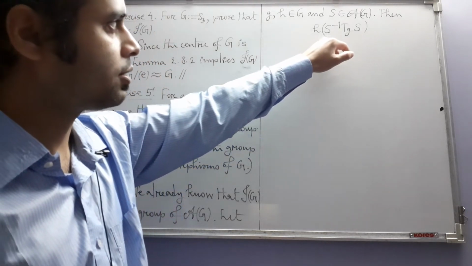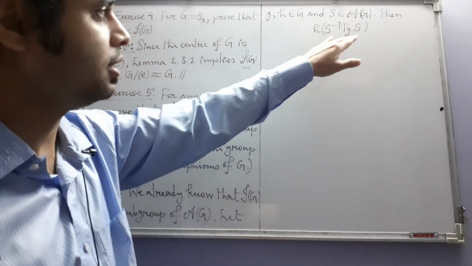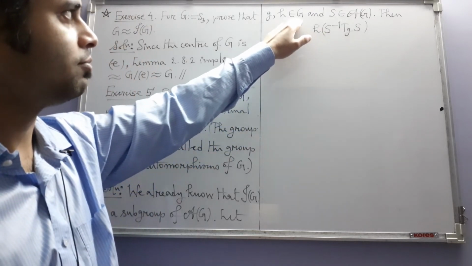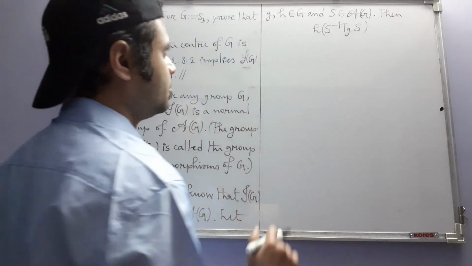But we cannot directly work just with this. We have to see what this function does to an arbitrary element of G. So that's why we have to take another element H. Okay.